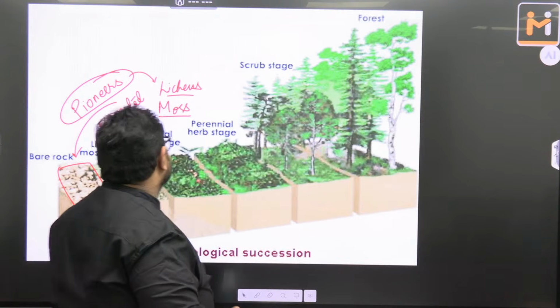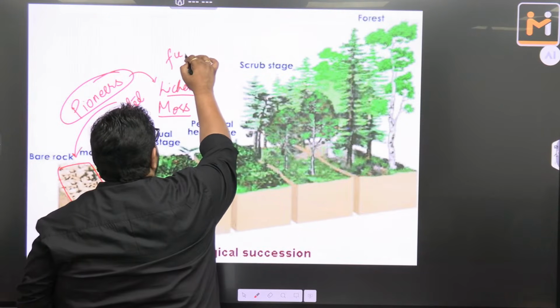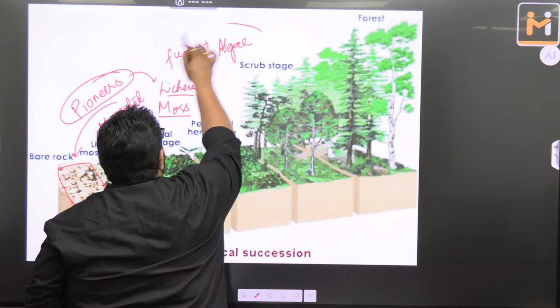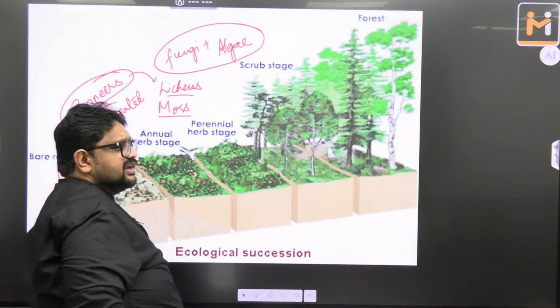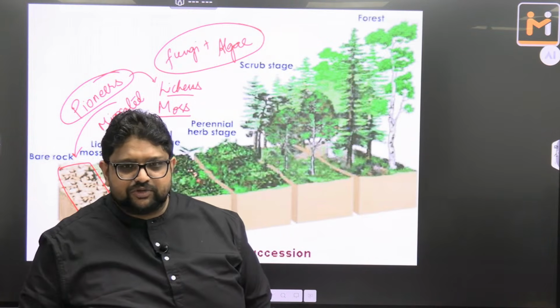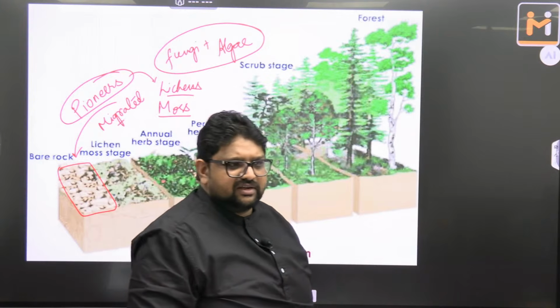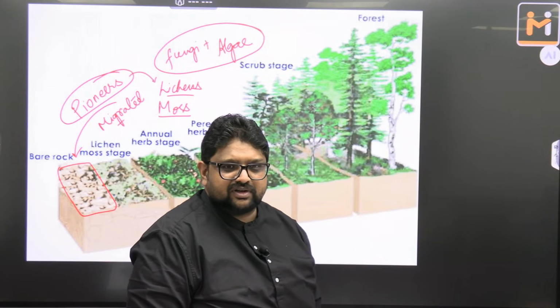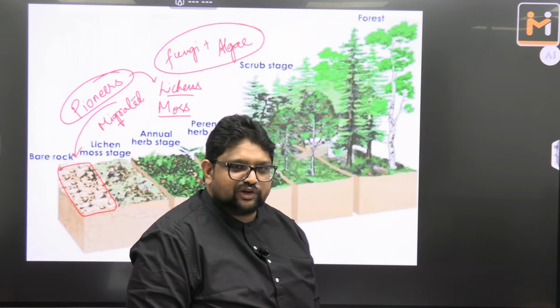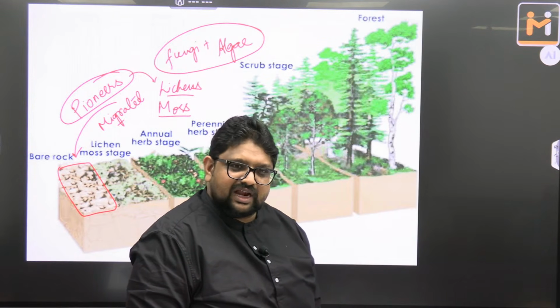In lichens, there is fungus and algae. They enter into a mutual relationship. It's like how you stay with a room partner. One will say, I will pay the rent. The other says, I'll cook. So here algae is the cook.